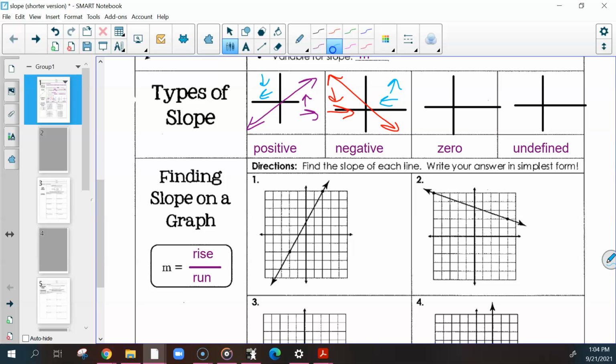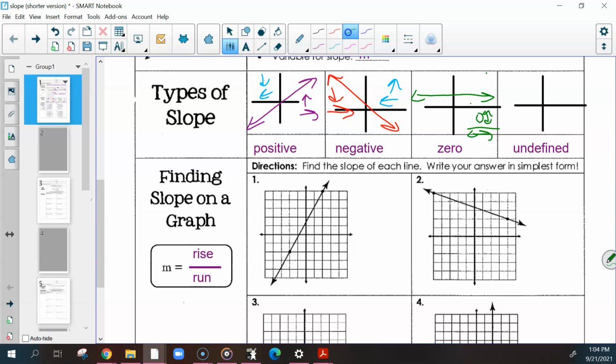If we have a 0 slope, it's going to be a straight horizontal line. So with a 0 slope, you don't have a vertical change at all, but you have some horizontal change. So you're moving left and right, but you're not moving up and down at all.